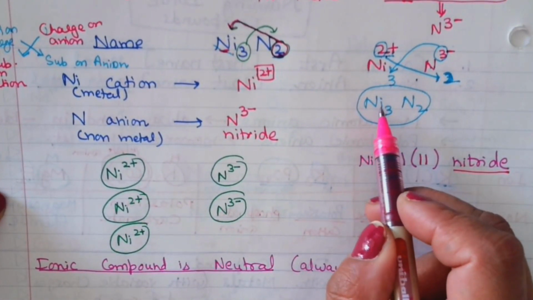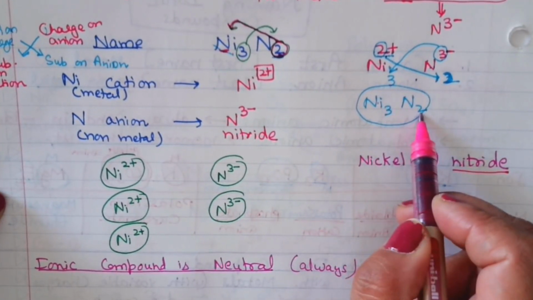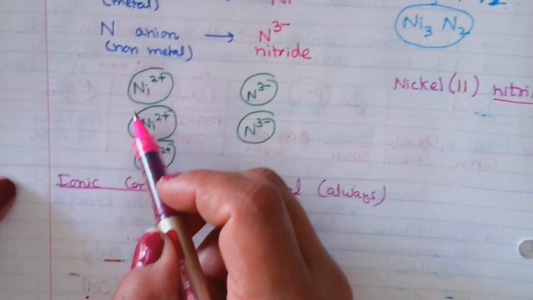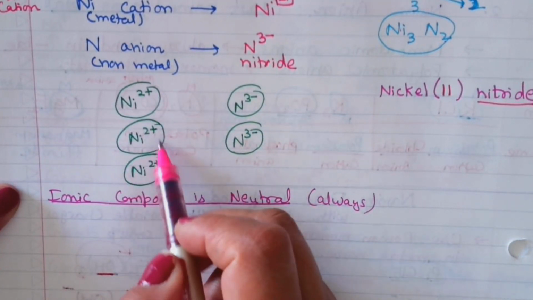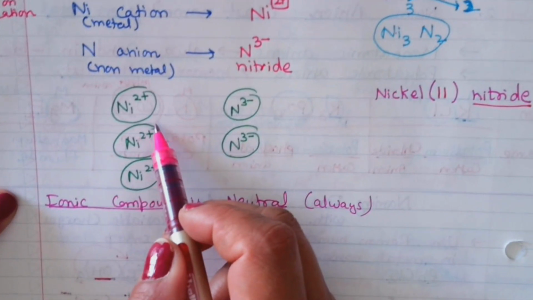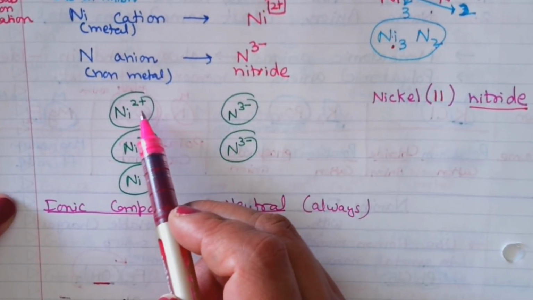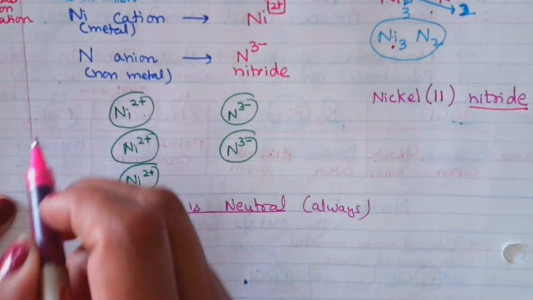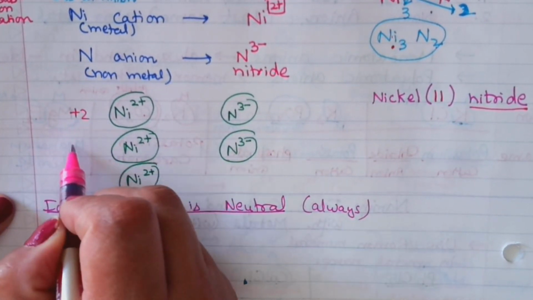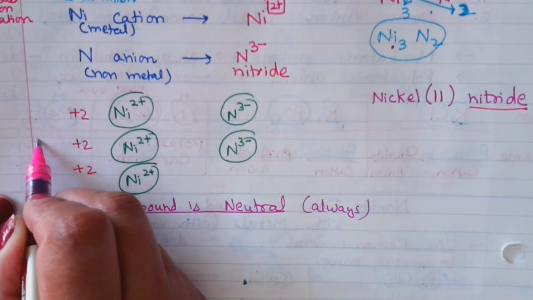So in the formula you can see we have 3 nickel ions and 2 nitrogen ions. So I have drawn this to show you how the charges are balanced. So nickel 2+, we have 3 of those, 1, 2 and 3. So a total charge of +2, +2, +2, a total charge of +6.